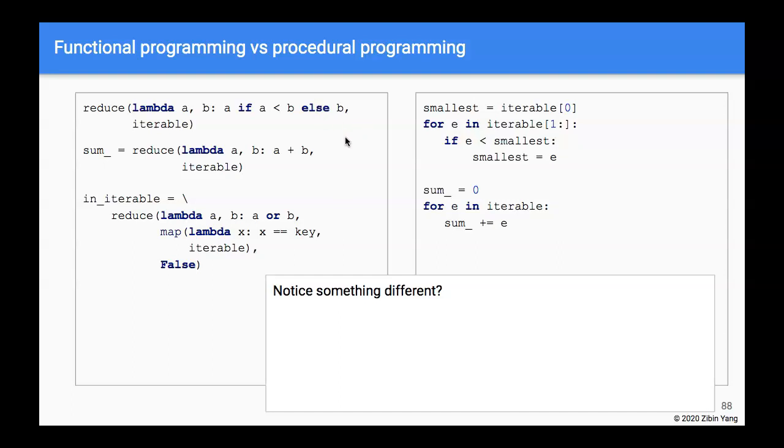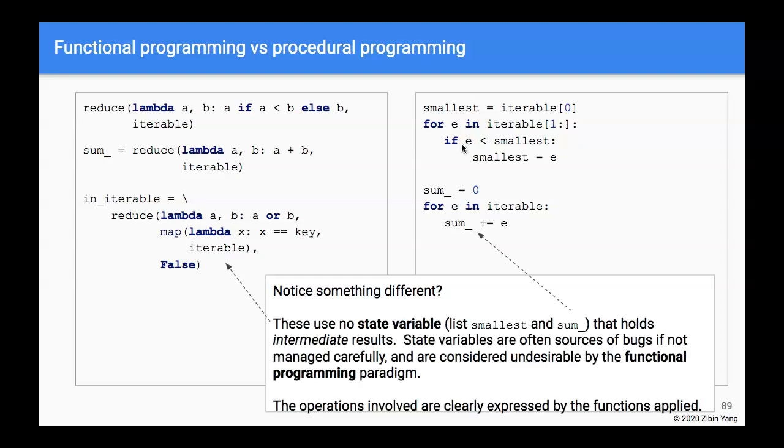Aside from the obvious, that this is using MapReduce and lambda and this is not, what are the differences between these two? There are two main things that I want to point out. The first is that using MapReduce, higher order functions and lambdas does not have these things called state variables.